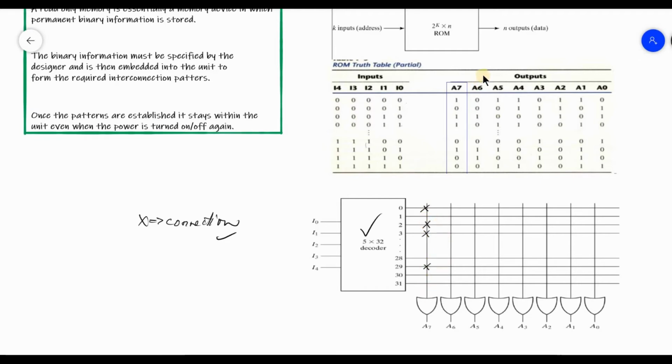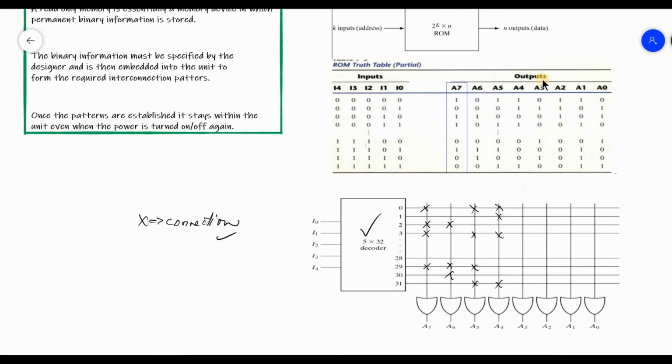Now moving on to A6, we have 0, 0, 1, 0, and then 0, 1, 1, 0. Moving on to A5, we have 1, 0, 0, 1, 1, 0, 0, 1, and then 0, 1, 0, 1, 0, 1, 0, 1. Moving on to A4, we have 1, 1, 0, 1, 1, 1, 0, 1, and then 0, 0, 0, 0, 0, 1.